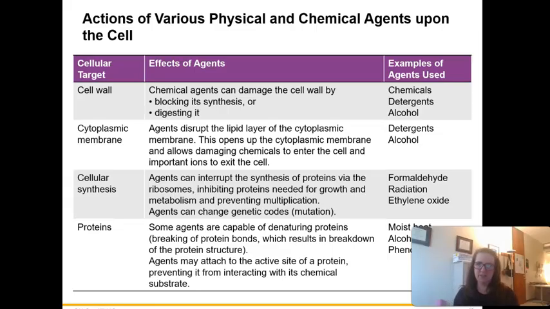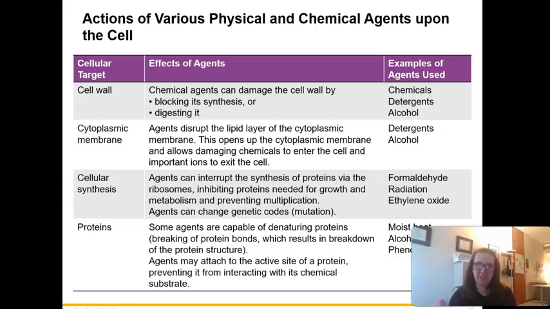Cellular synthesis. So this is pretty fascinating, and we're going to get more into this in next week's lectures on antibiotics and antivirals. But essentially, we can target our agents, and I'm thinking in particular chemical control agents, directly to the synthesis of proteins via the ribosomes. So the ribosomes of prokaryotes are different than the ribosomes of eukaryotes, and we know that viruses don't have them.